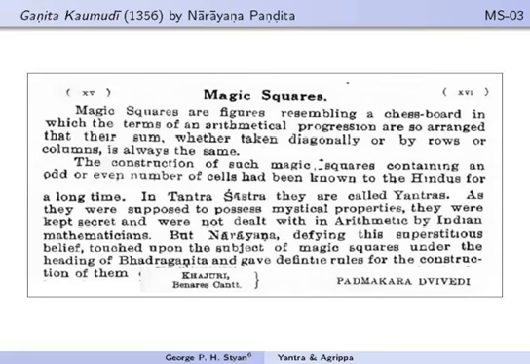As many of you probably know, magic squares are figures resembling a chessboard in which the terms of an arithmetical progression are so arranged that their sum, whether taken diagonally or by rows or columns, is always the same. The construction of such magic squares, containing an odd or even number of cells, had been known to the Hindus for a long time. In Tantra Sastra, they are called Yantras.